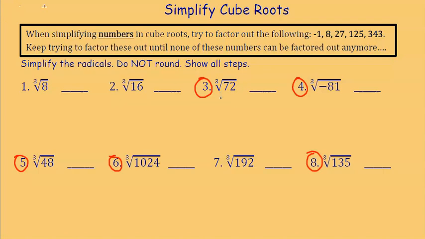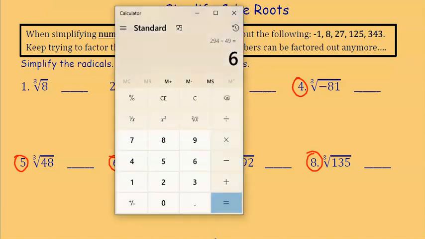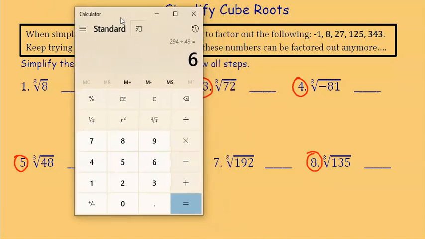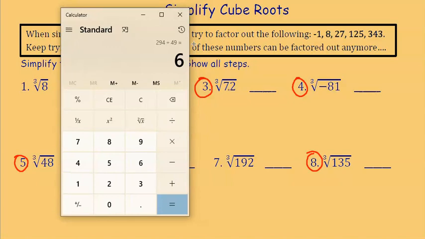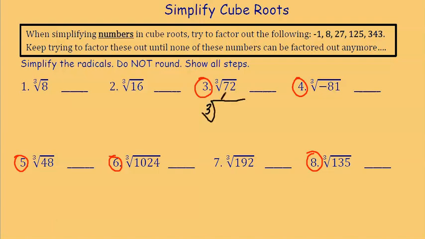Let's look at number 3, the cube root of 72. So we'll take our calculator and try to divide out those numbers. There's no negative inside, so we don't need to do -1. 72 divided by 8, we get 9. So we can rewrite this as 8 times 9.